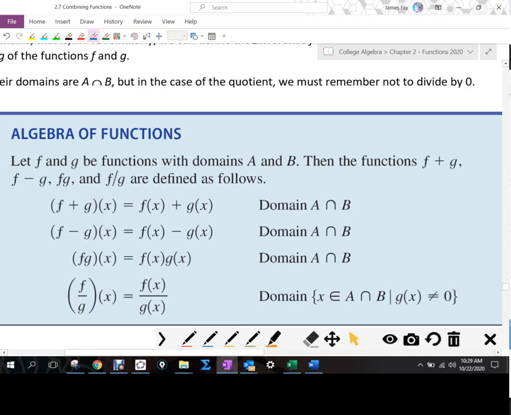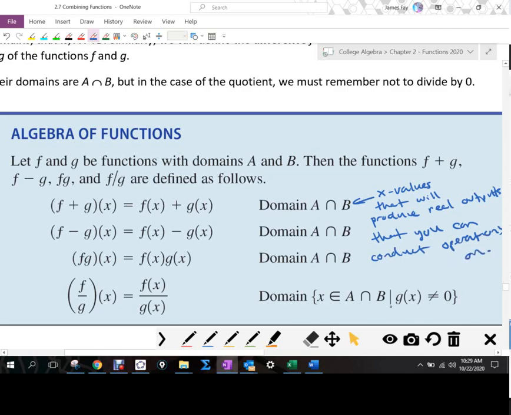And basically what that means is that this is identifying the X values that will produce real outputs that you can conduct operations on.